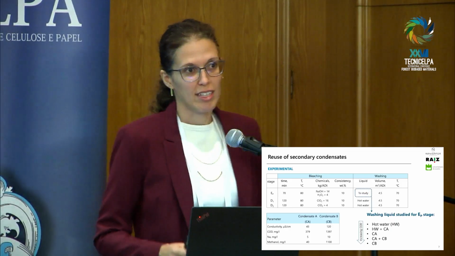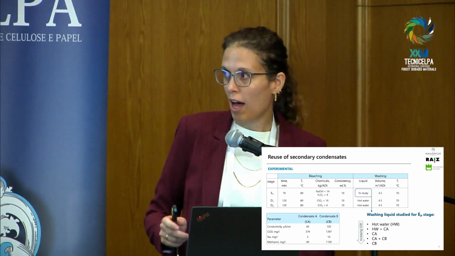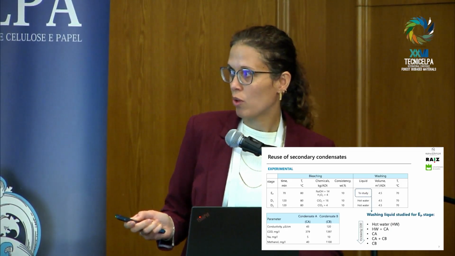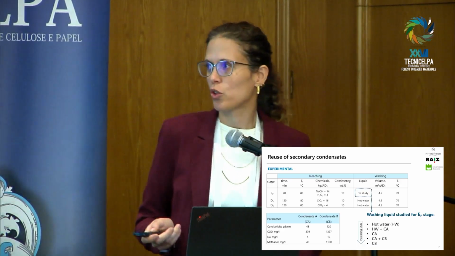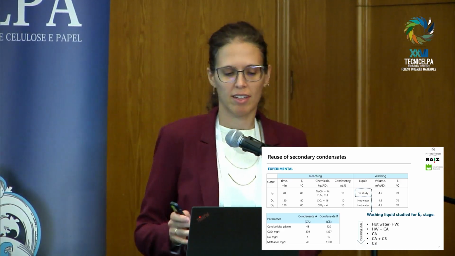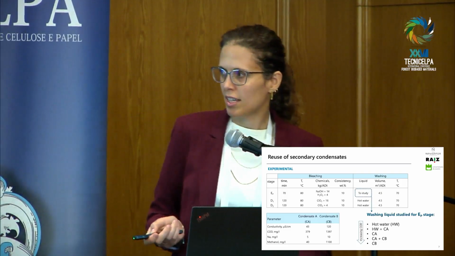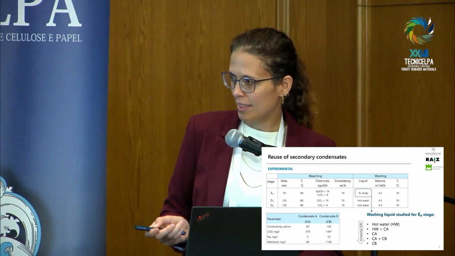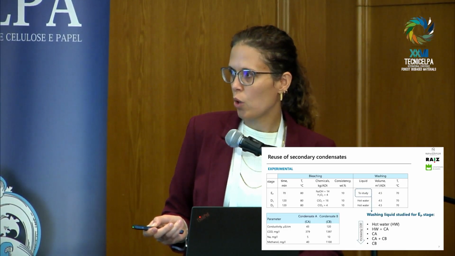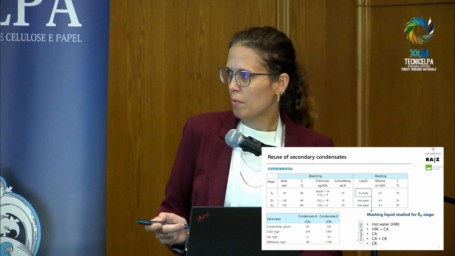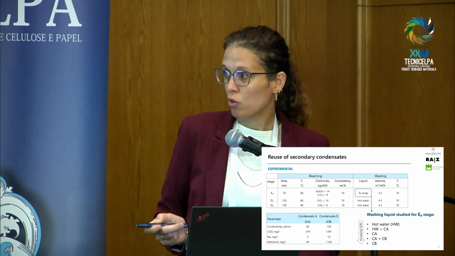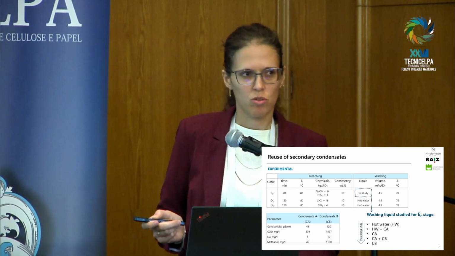And it was the liquid to wash the pulp after the alkaline extraction that was submitted to study. We collected 2 condensates from the mill, so condensate A and condensate B. Condensate A a little less contaminated, so lower COD, chemical oxygen demand, and condensate B more contaminated, mainly due to methanol, not so much due to black liquor contamination.